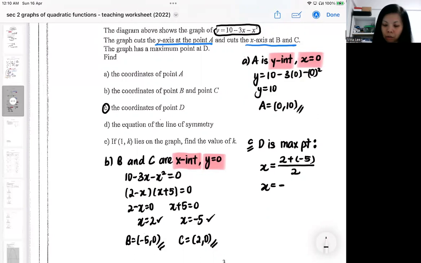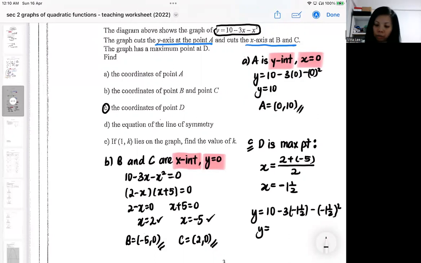So you get -1.5. And after you share, you get the x-coordinate. You return it to the equation. The equation will guide you to get a numerical value. So you return it back to the equation.